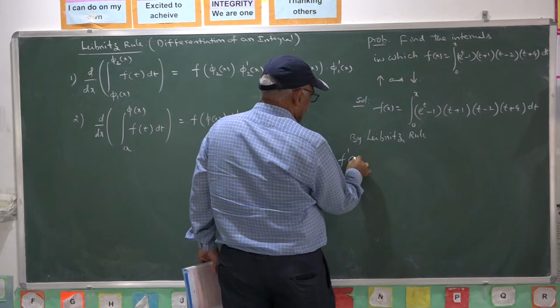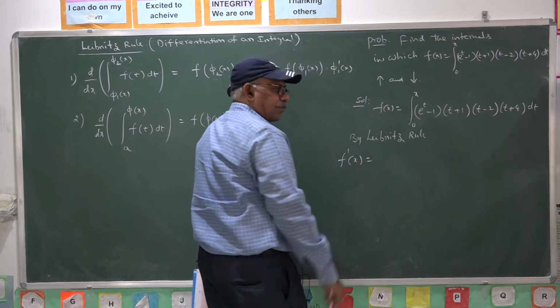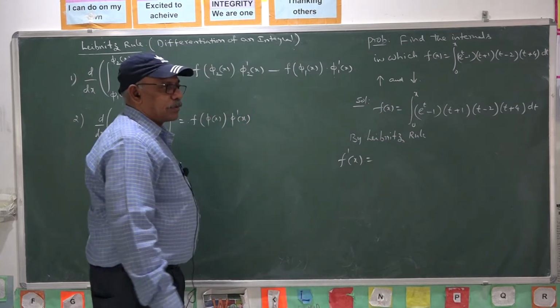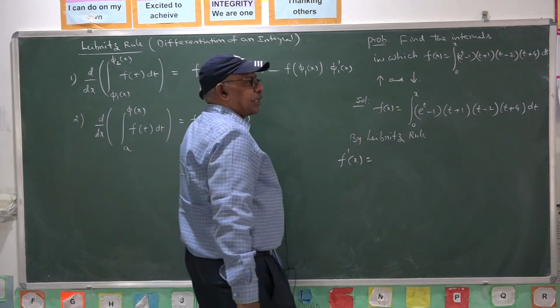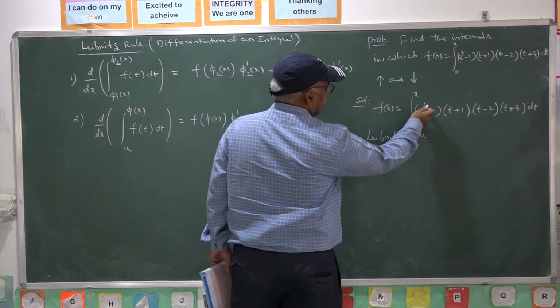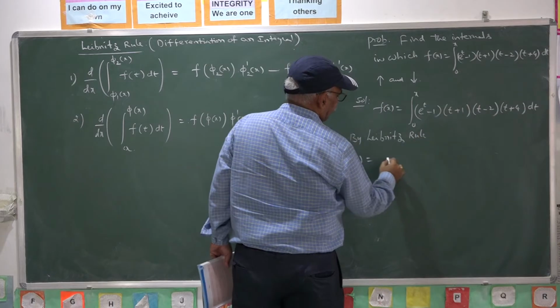Here f dash x, the derivative of f(x), is f dash x. F dash x equal to, the derivative of the integral is obtained by replacing t with x, the upper limit, in the function.